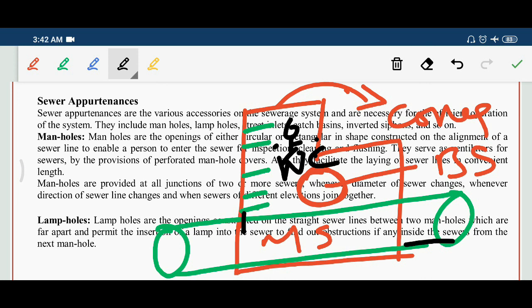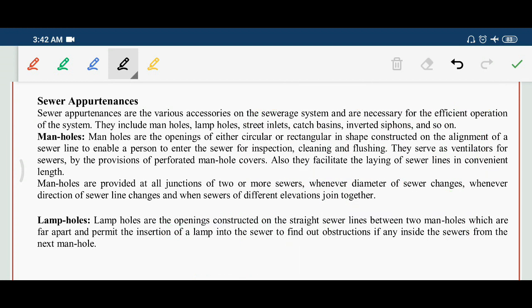The sewer is open to access. Whenever silt is accumulated, he can remove it and completely flush it. All the activities will be done with the help of the manhole.